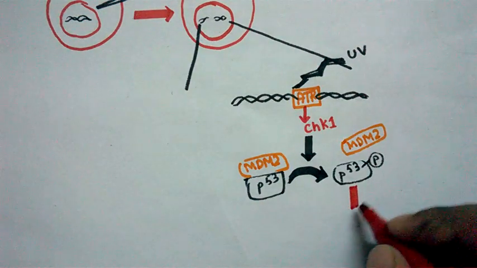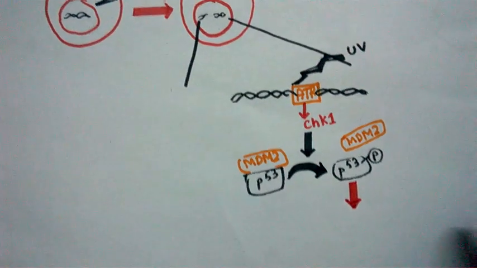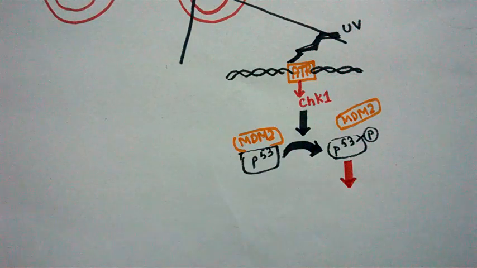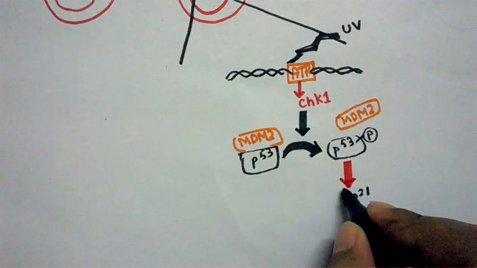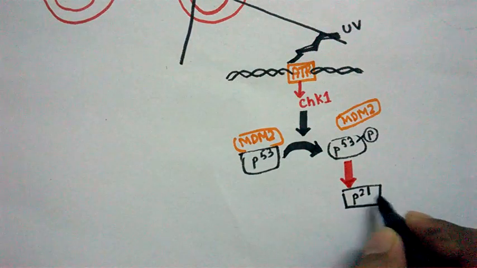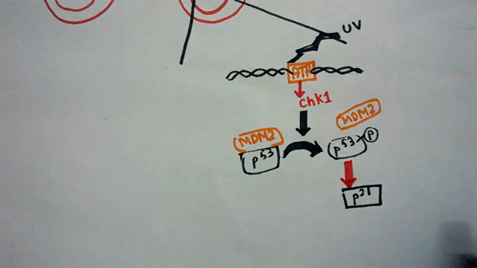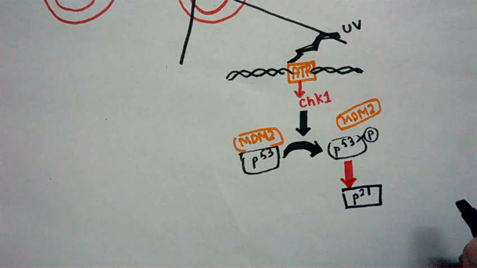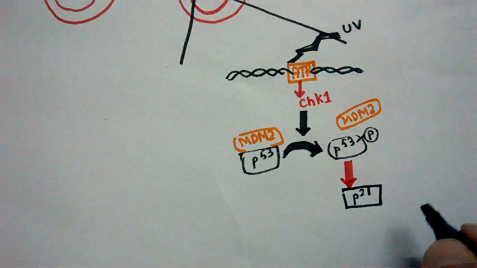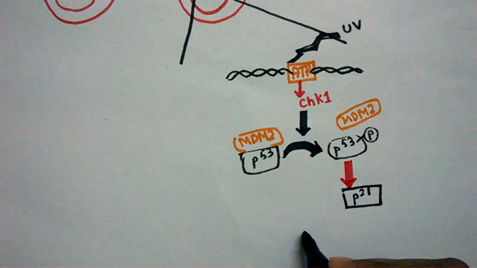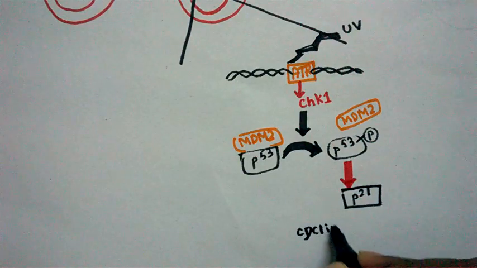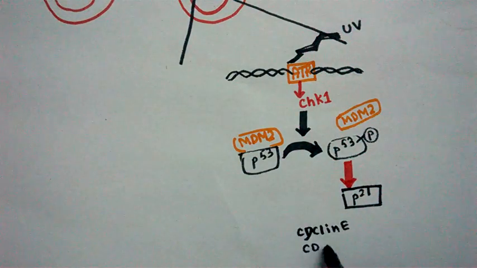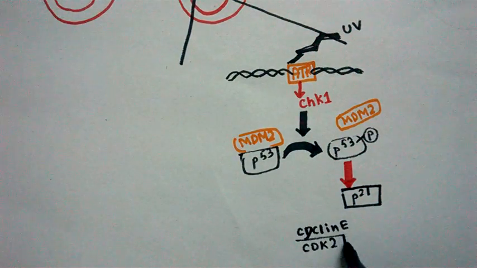p53 has multiple transcription targets. One transcription target of p53 is p21. As I have discussed earlier in my videos, p21 is an inhibitor of S-phase cyclins. If we name them, it is cyclin E and CDK2.